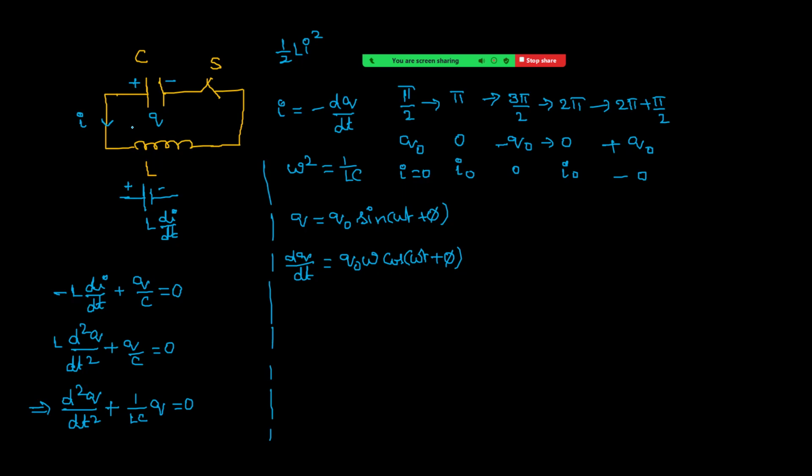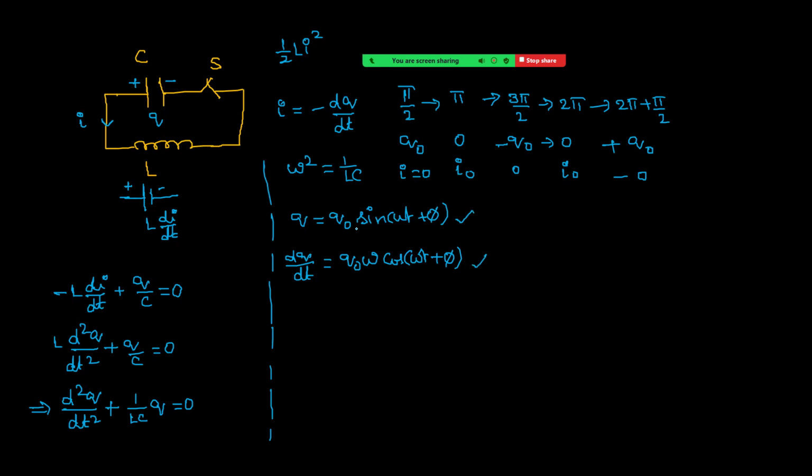So in this, there is no loss of energy. Whenever charge is maximum, current is how much? 0. When current is maximum, there is no charge, right? So we can use these equations while solving problems.